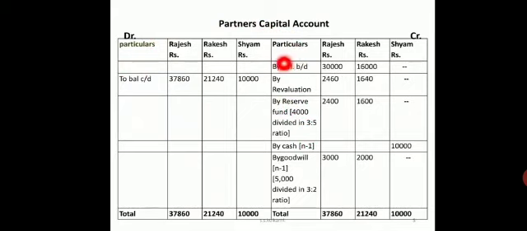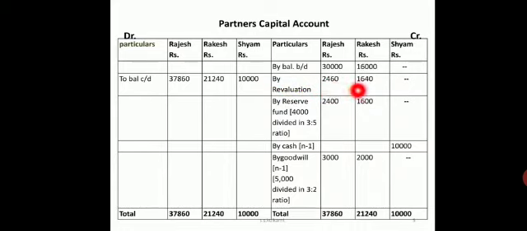So from balance sheet, we are going to take the old partner's capital account. So Rajesh account is 30,000 and Rakesh amount is 16,000. Next, coming to revaluation account, we are having revaluation profit. Transfer the revaluation profit to partner's capital account.